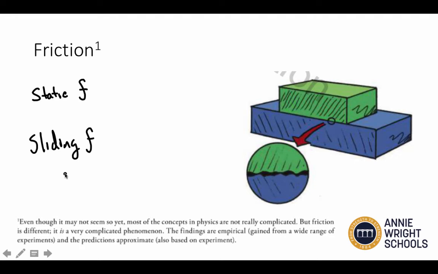Static friction is the friction of an object that is not in motion, just like static equilibrium is an object not in motion. Sliding friction is the friction of an object in motion. Static friction is always greater than sliding friction. This will always be bigger.